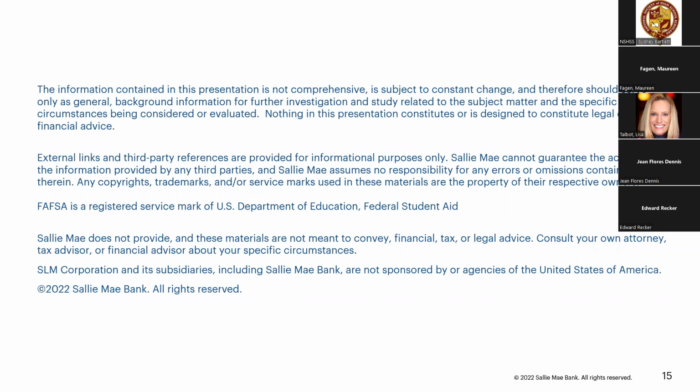Great. Okay. There's also a lot of folks asking if they should even file the FAFSA if they don't think they're going to qualify for financial aid based on their family's income. Can you talk a little bit more about that? I know you covered that earlier, but I did go over that in the slide quickly, but I think it definitely is a point to underscore that we really feel every family should file the FAFSA.